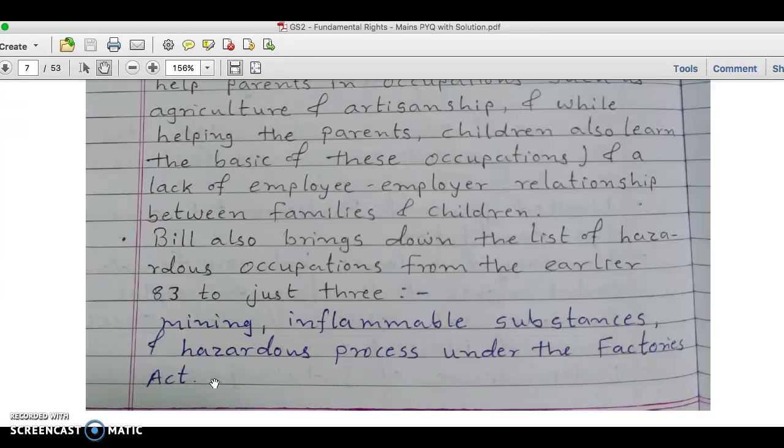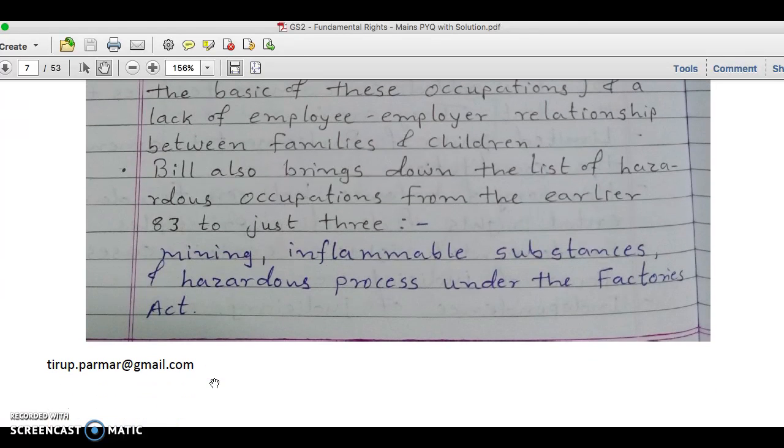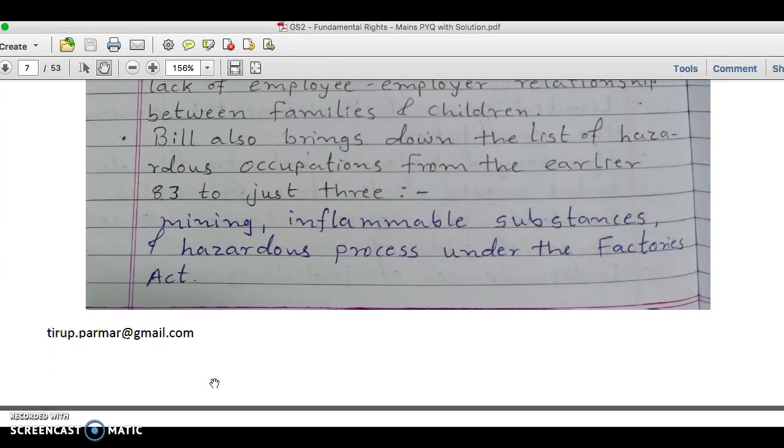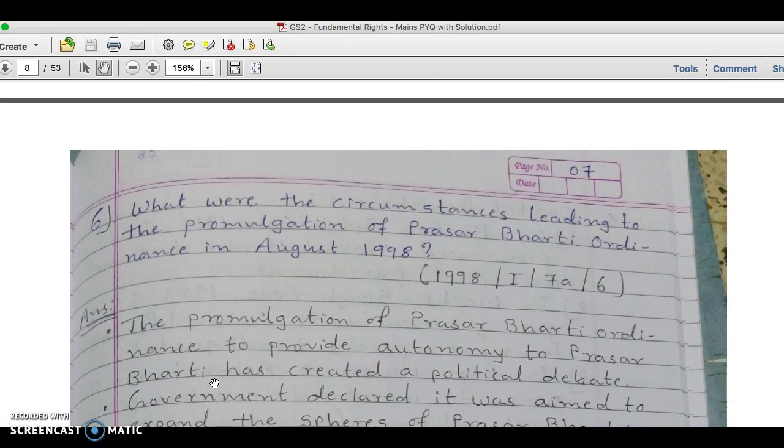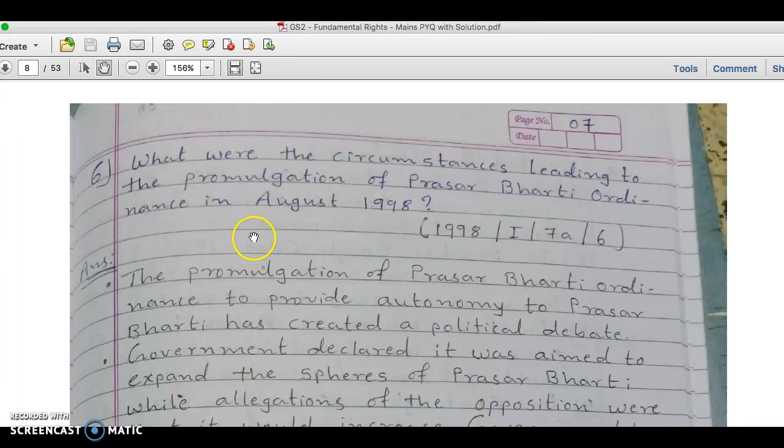If we allow children to work in such hazardous fields, it harms their health as well. So we also ban those things under this. So in the next video we'll start discussing the next question. Thank you.